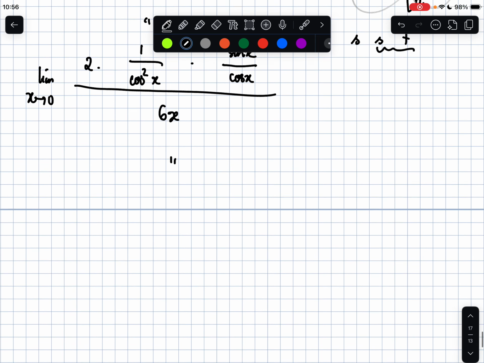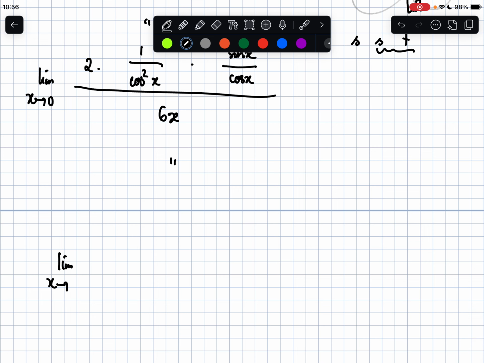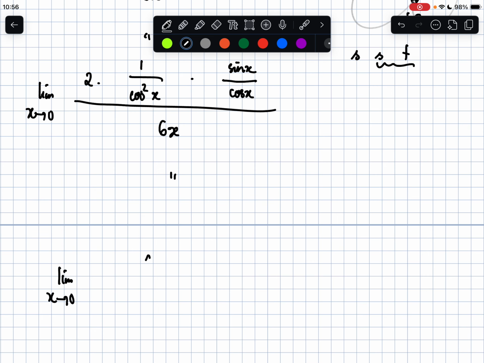Now you have limit x to 0, 2 I can bring out because it's just a number. Sine x up there, down there I can bring 6 out, so 1 over 3, and you have x times cosine cubed of x.